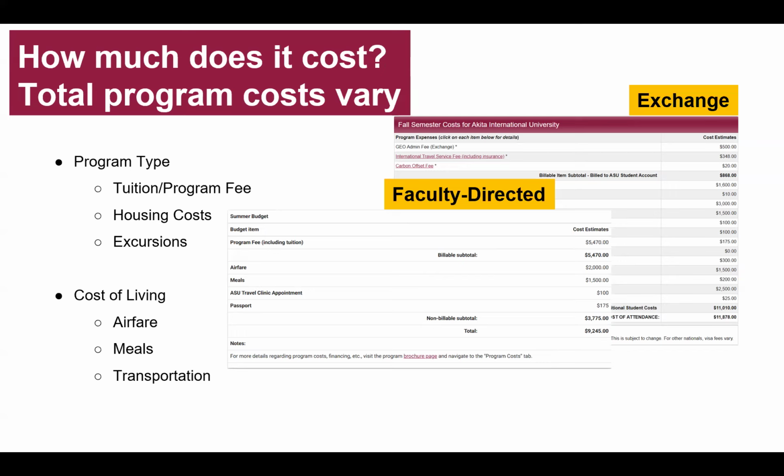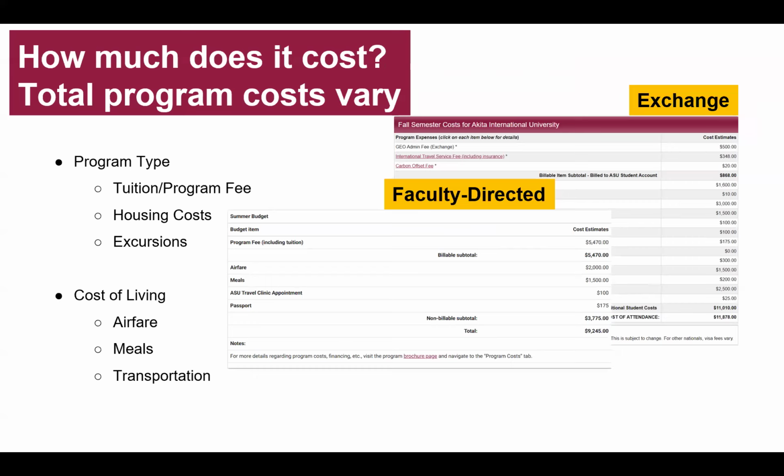What I do want to point out is in the ASU programs, it'll be broken down into billable subtotal and non-billable subtotal. The billable subtotal is everything that is going to get charged to your ASU account for that study abroad experience, and oftentimes you can use your ASU financial aid package to pay.